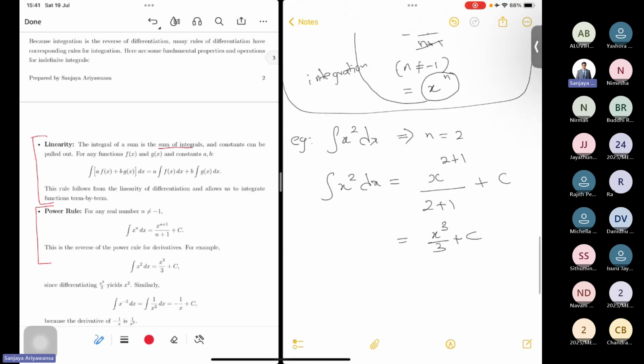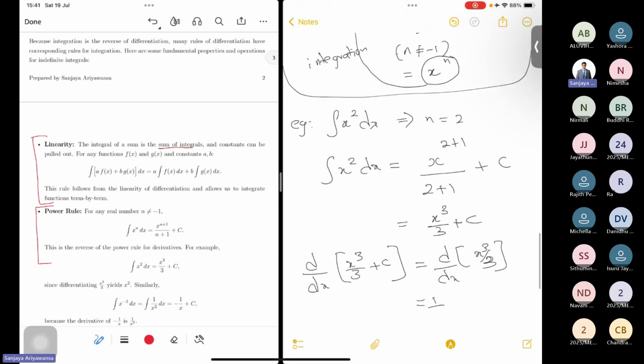Right, so do it backwards also and see. What if I were to differentiate x cubed over 3 plus this constant? Now I know constant, when I differentiate it with respect to x, it's 0. I don't have to worry about that. So I only have to differentiate x cubed over 3. And even x cubed over 3, I take 1 over 3 out, and then I differentiate x cubed, I get 3x squared.